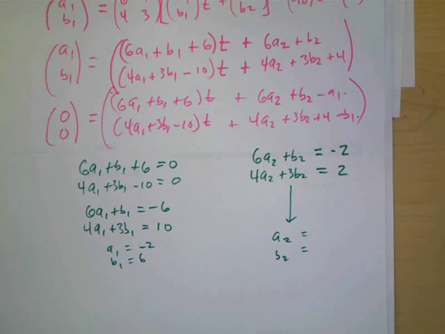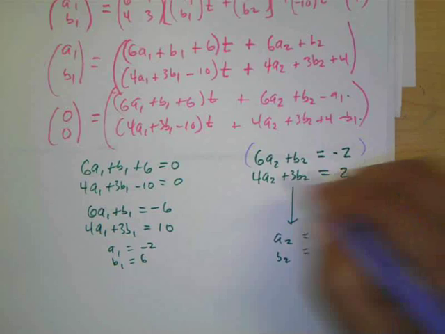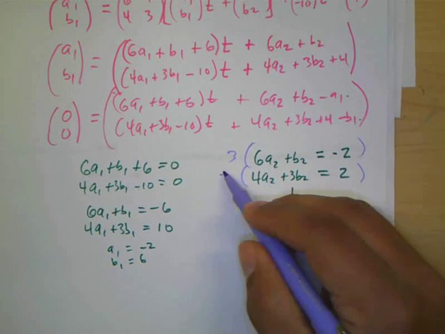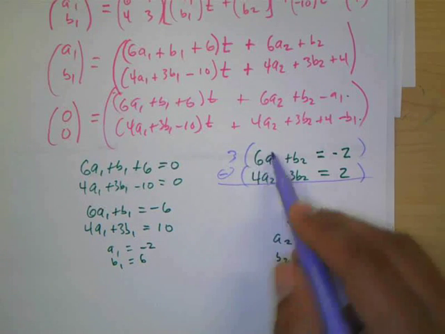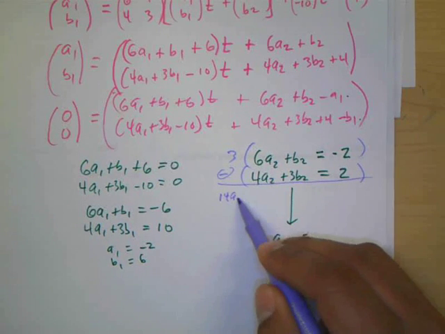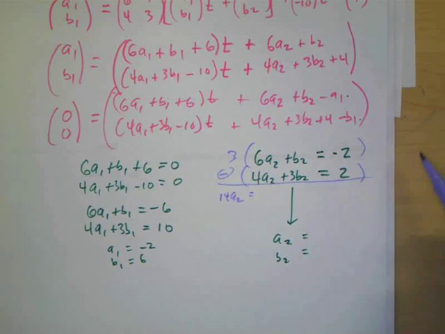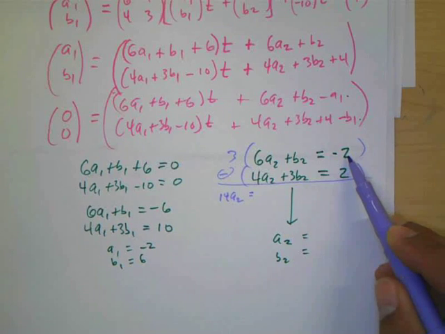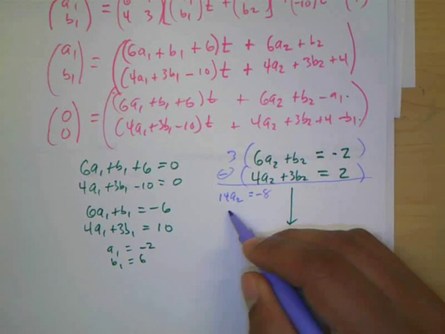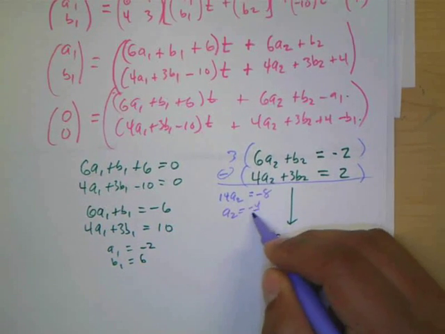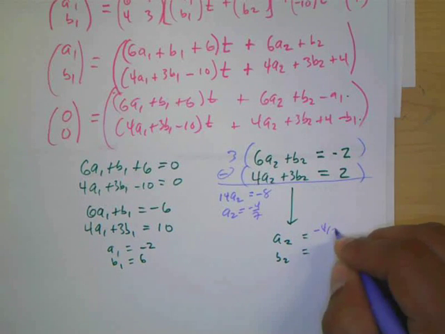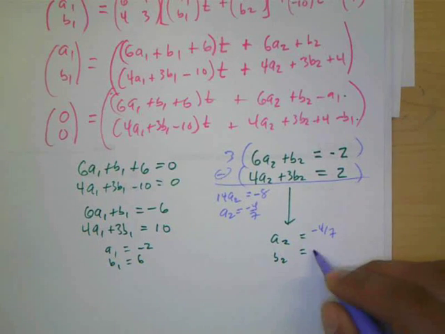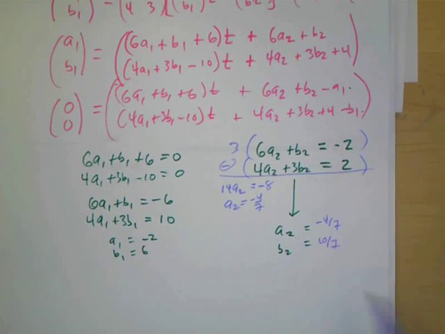Let's do it together. Fractions. So I'm going to multiply by 3 and subtract. 18 minus 4 is 14. Oh, that's right. 3 times negative 2 is negative 6. Minus 2 is negative 8. That looks like negative 4 sevenths. Okay, so if we have negative 4 sevenths, then B2 is going to be 10 sevenths.